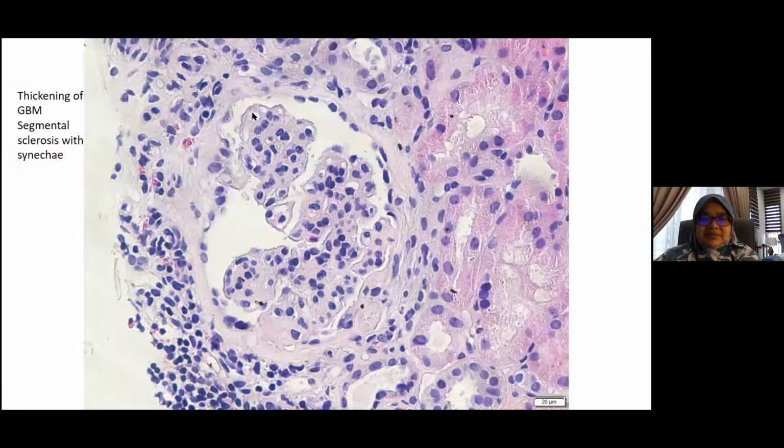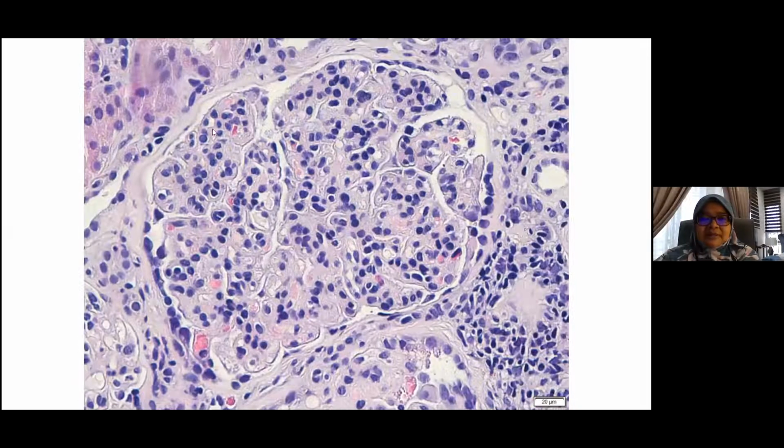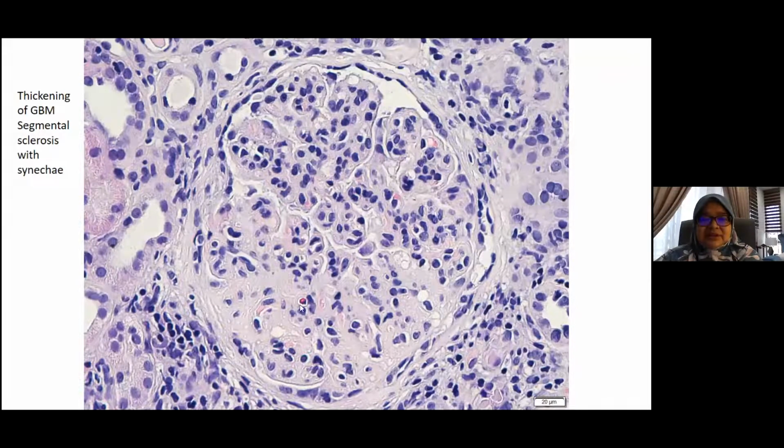We can see more of the rigid and thickened glomerular basement membrane and mesangial hypercellularity in this glomerulus. Much of the same, it looks more lobularized, with mesangial hypercellularity and the thickening.